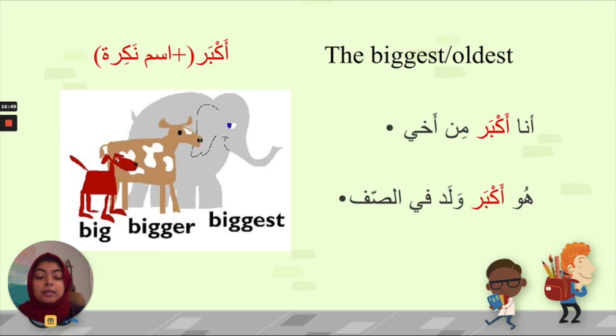So akbar here, biggest, or it can mean bigger if you put min after it. So I give you two examples. I'll do the second one first. هو أكبر ولد في الصف. He's the biggest kid in class, or you could say he's the oldest kid in class, depending on what your context is. Or we can add min after it. أنا أكبر من أخي.